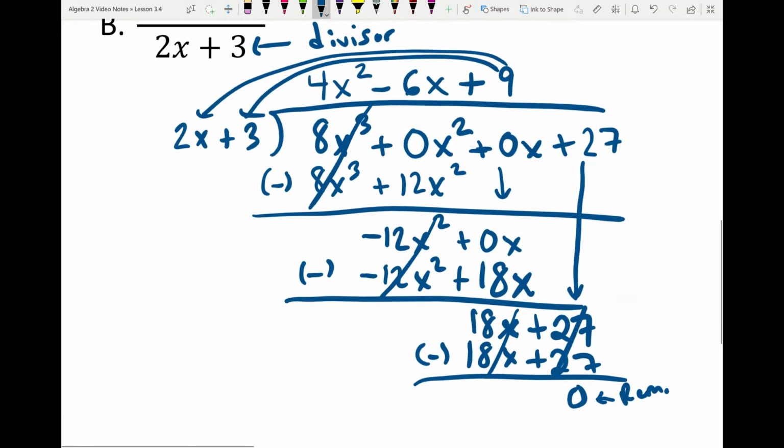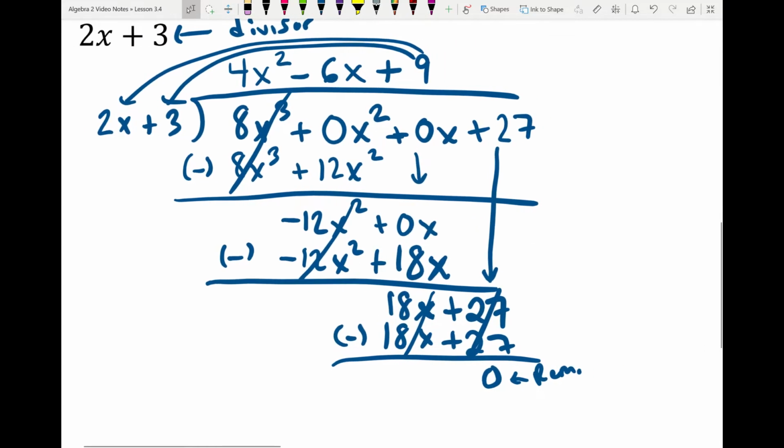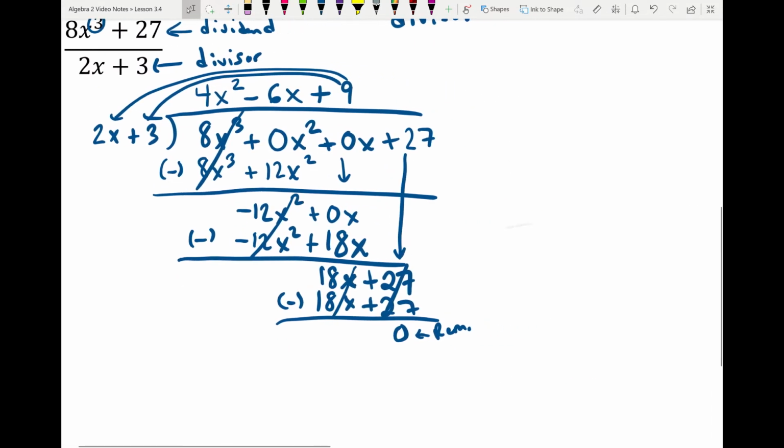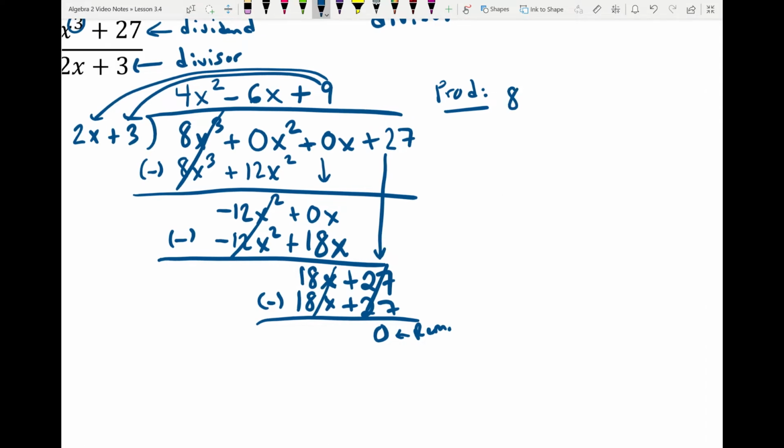All right, now let's write our answer in the two forms. The product form is going to be given by the dividend, and we don't have to write the 0x squared anymore; we can just write it as 8x cubed plus 27.